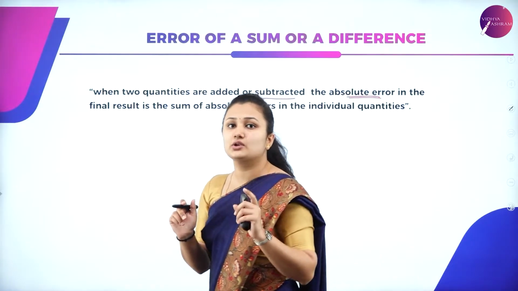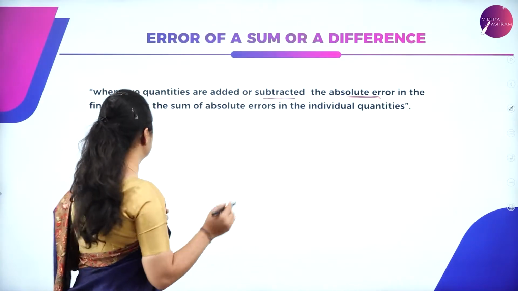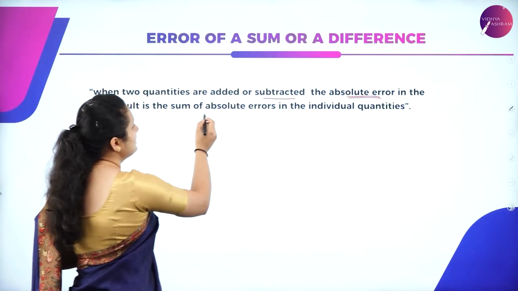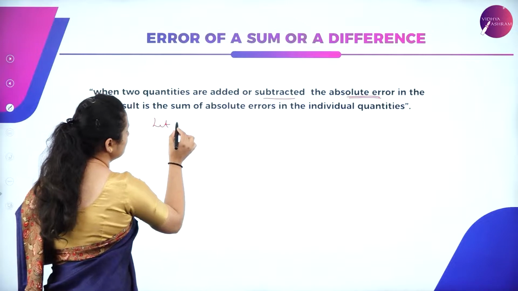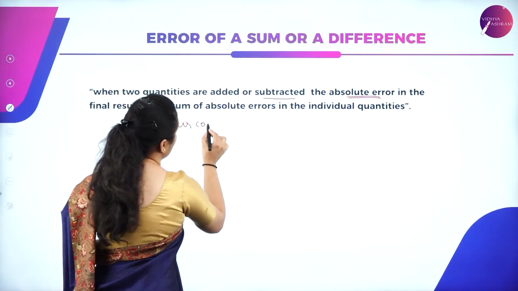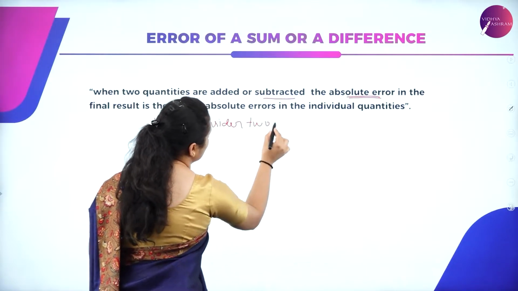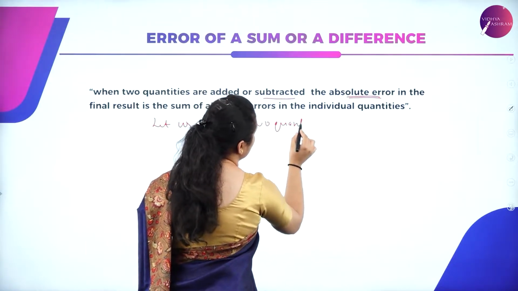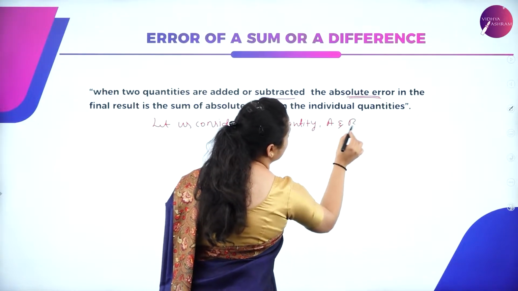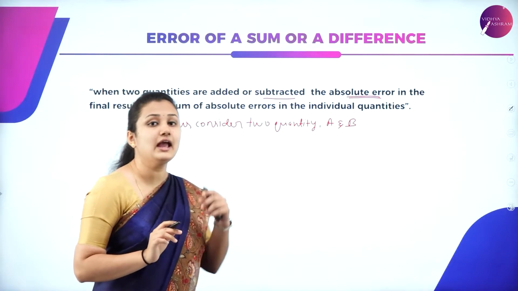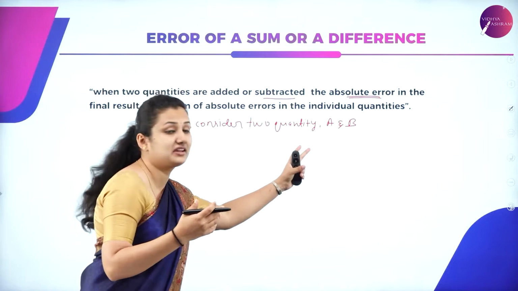So, let us try to understand this mathematically. I'll put it in a mathematical way. Consider when two quantities are added or subtracted, say two quantities A and B. Now I have two quantities, say A and B. So what will be the measured value of these two quantities A and B?